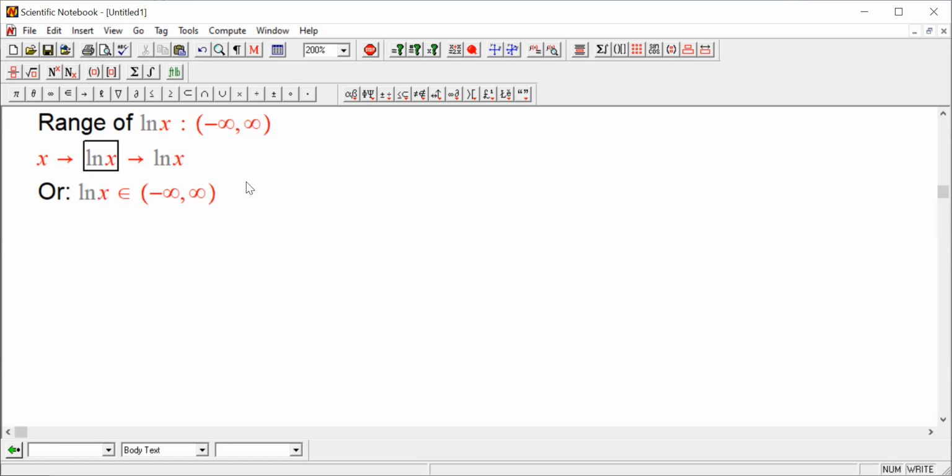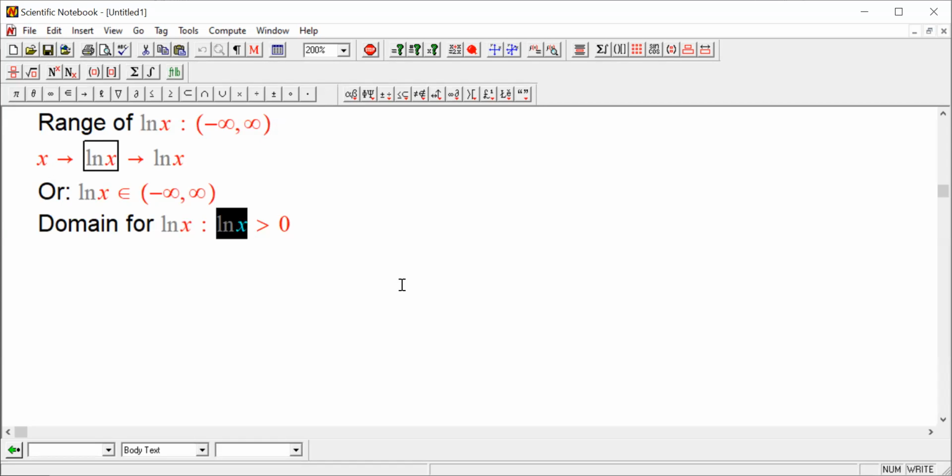But I saw mistakes: people expressed the domain for ln x this way. That is a mistake. Some people say the domain is ln x larger than 0. This is a terrible mistake because you're telling the reader not about x, you're telling the reader that this is the output.